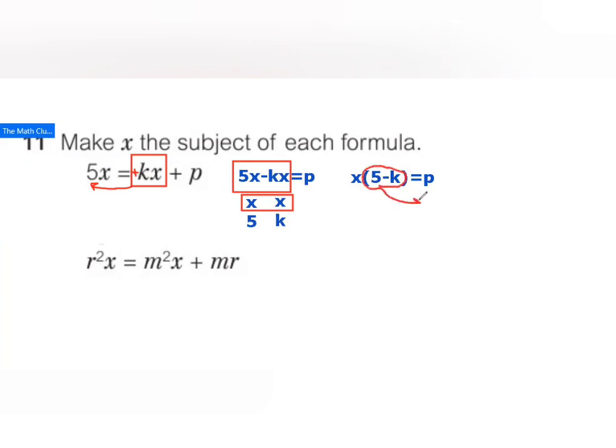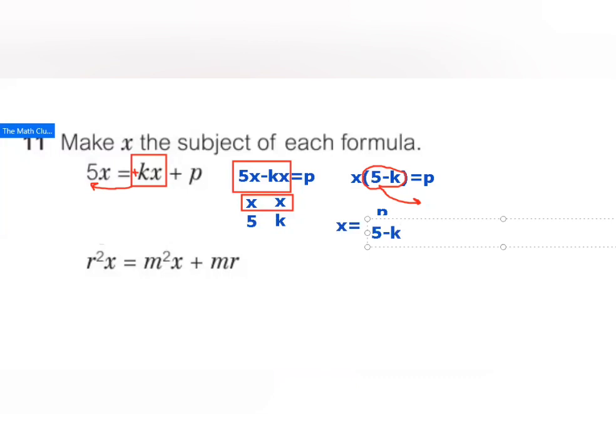And because it's multiplied, I'm going to take it by dividing. So we end up with x equals p divided by 5 minus k.